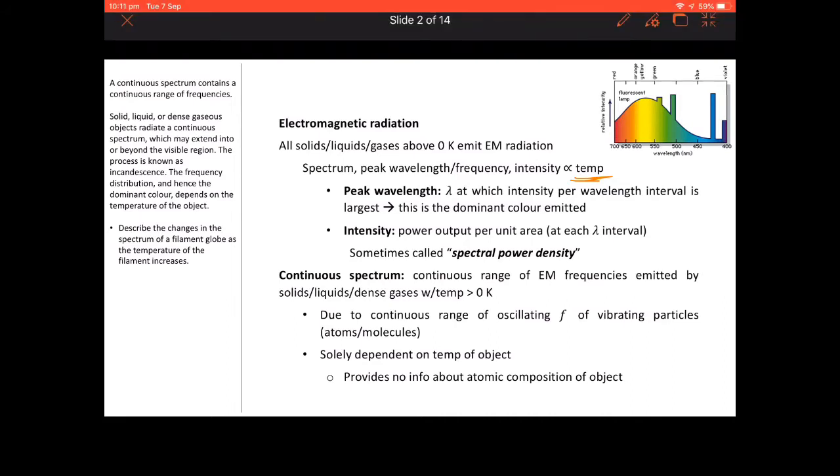This particular image in the top corner here is the emission spectra of a fluorescent lamp. So you can see that it is continuous, but there are certain peak frequencies. So here in blue, then there's a little one just at violet, and the green jumps up as well.